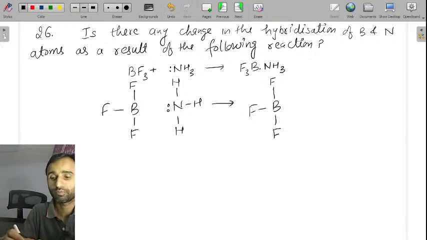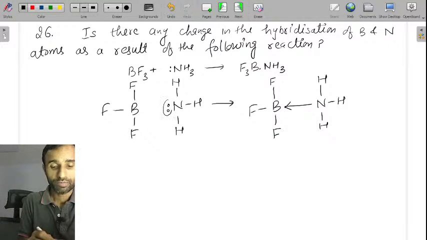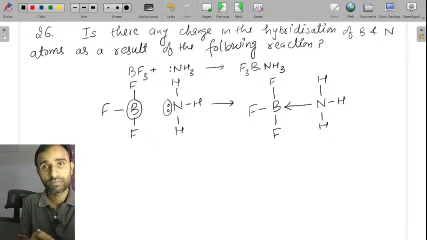And in NH3 this lone pair of electrons, it has an unshared pair of electrons, and boron needs 1 pair of electrons to complete its octet, so nitrogen can donate.